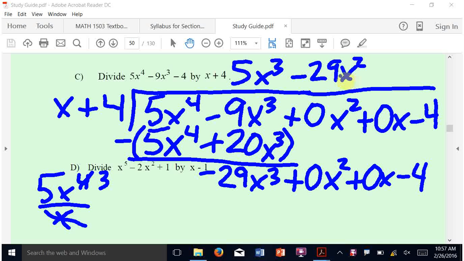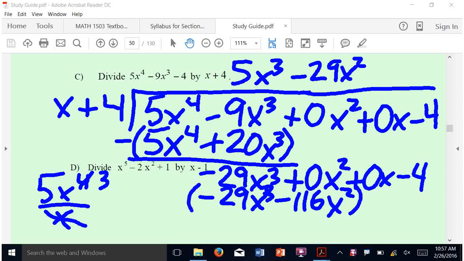Negative 29x squared times x, which is negative 29x cubed. And then negative 29x squared times 4, which is negative 116x squared. Okay, and then subtract that whole quantity, and we get these guys canceling out to 0.